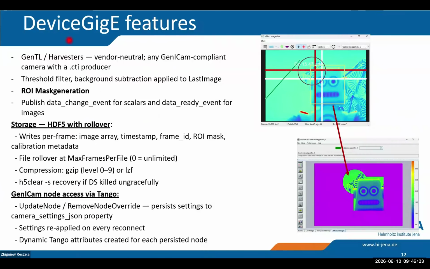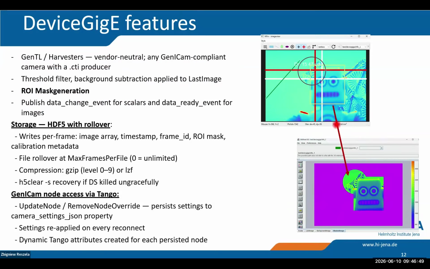Okay, the feature, as I already explained, is vendor neutral and supports a lot of cameras. It works together with the GUI, so if you define a ROI mask in the GUI, it also generates a ROI mask image, and the metrics calculate only this part, not the whole picture, but only the ROI.